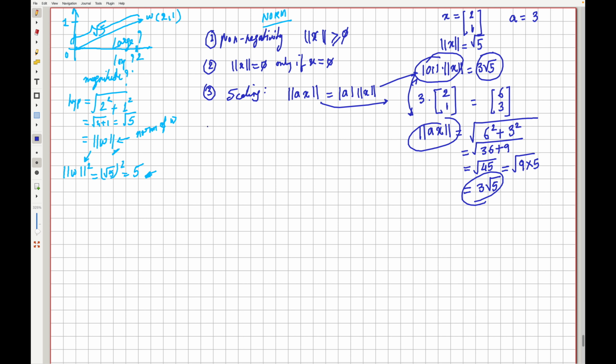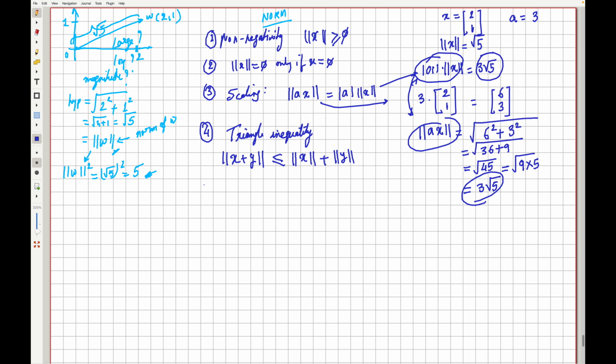The fourth property that we have for norm is the triangle inequality. What we mean by that is, if we take the sum of two vectors and then take the norm of that, it should be less than or equal to the sum of the individual norms.